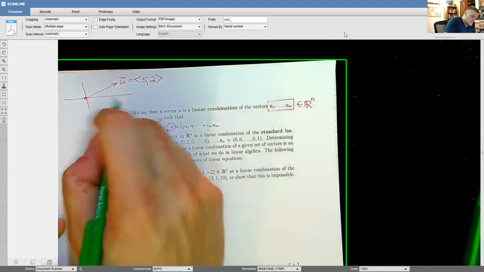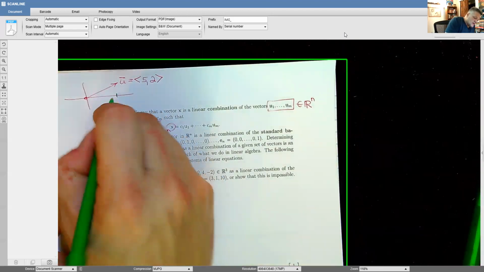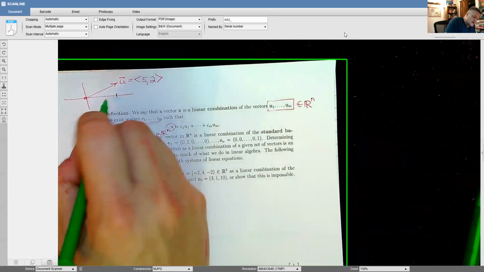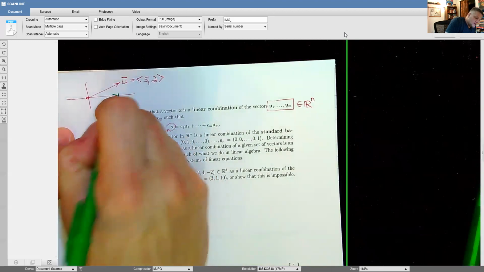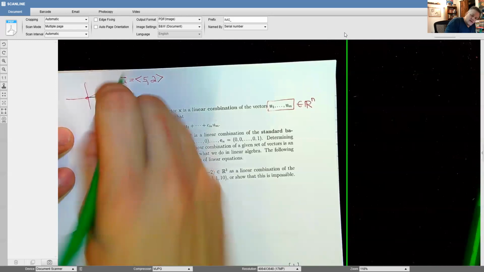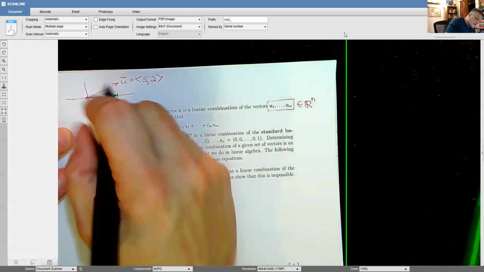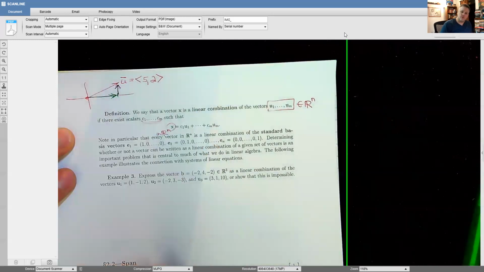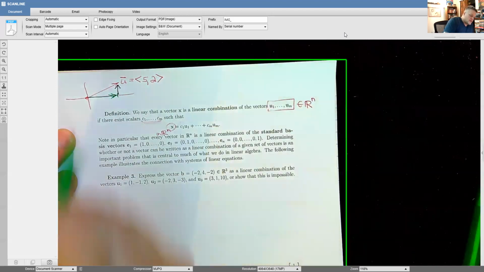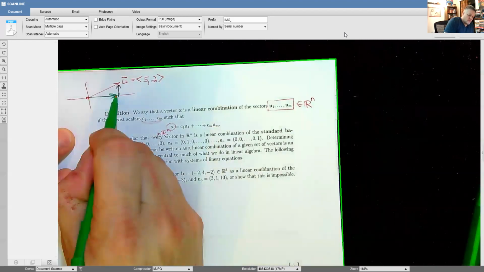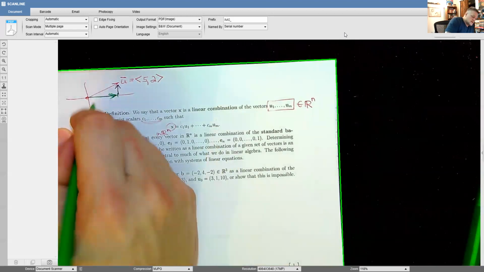And what you can do is you can break it down into its components, right? If you think about it in terms of addition, I would take that vector and I would then add it to this vector to get there. Makes perfect sense. This vector here is 5, 0. You had to have gone 5 units in the x direction to get there.